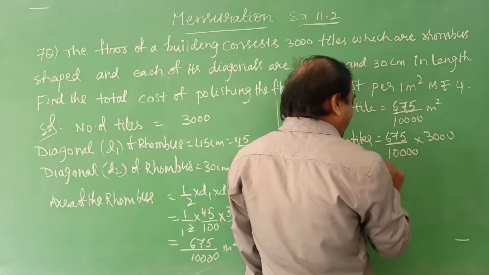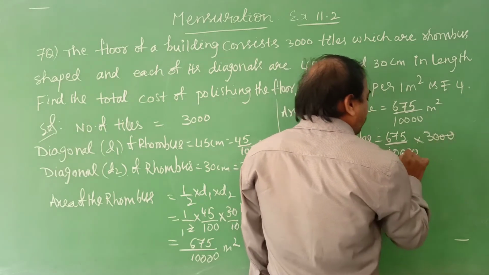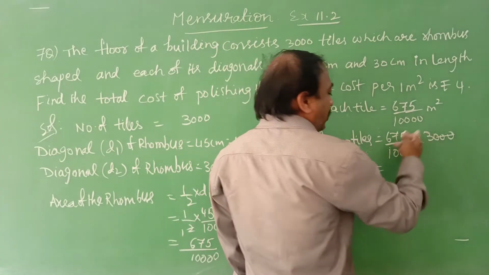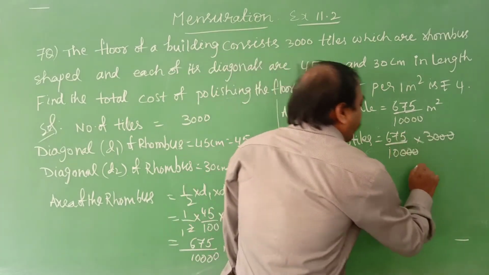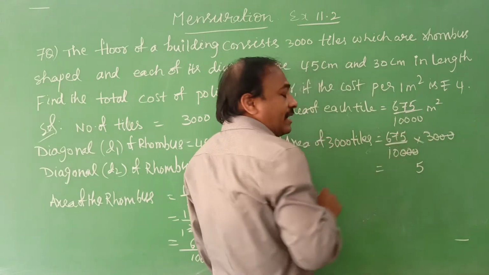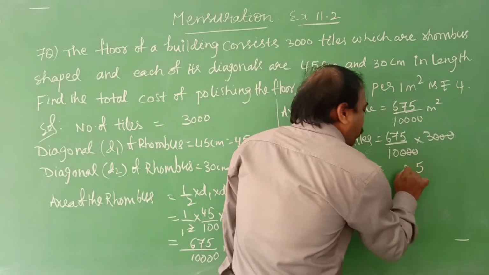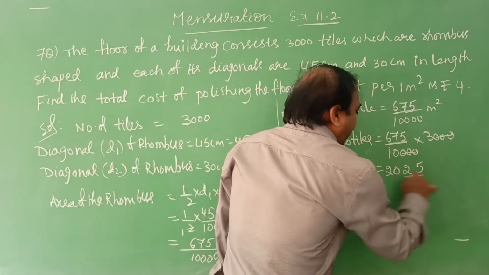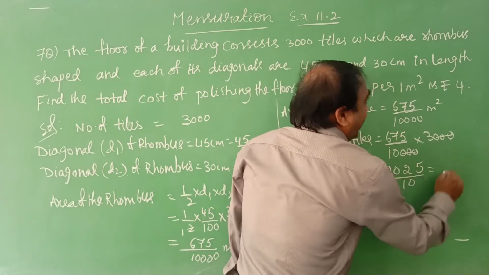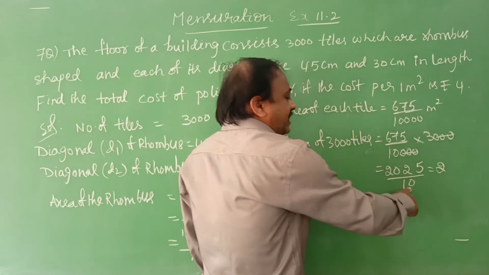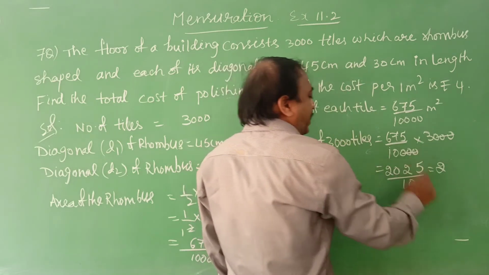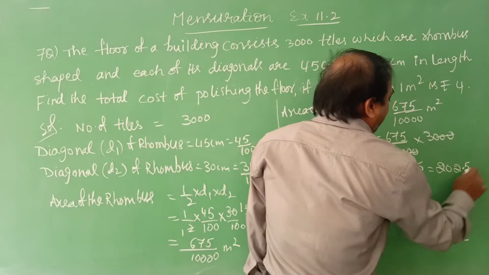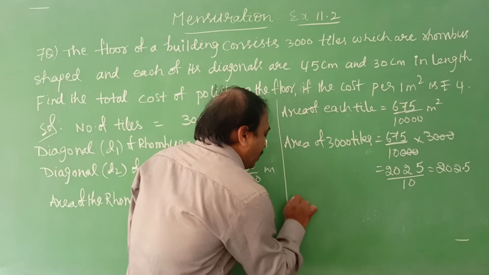So 3 zeros cancel, 3 zeros cancel. Now look at this. 3 5s are 15, 3 7s are 21 plus 1 is 22, 3 6s are 18 plus 2 is 20, by 10, which we can write as a decimal. If you place the decimal point over here, 202.5 meter.